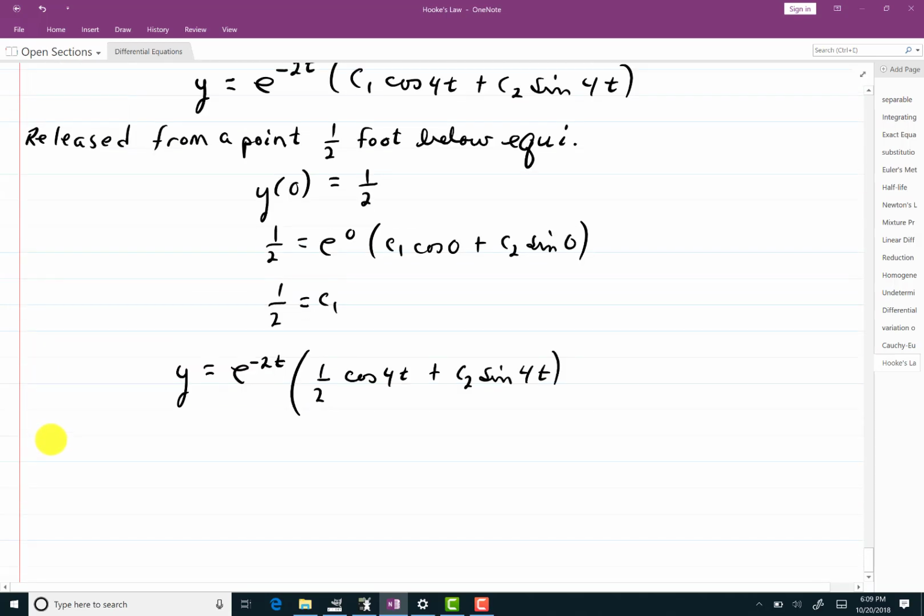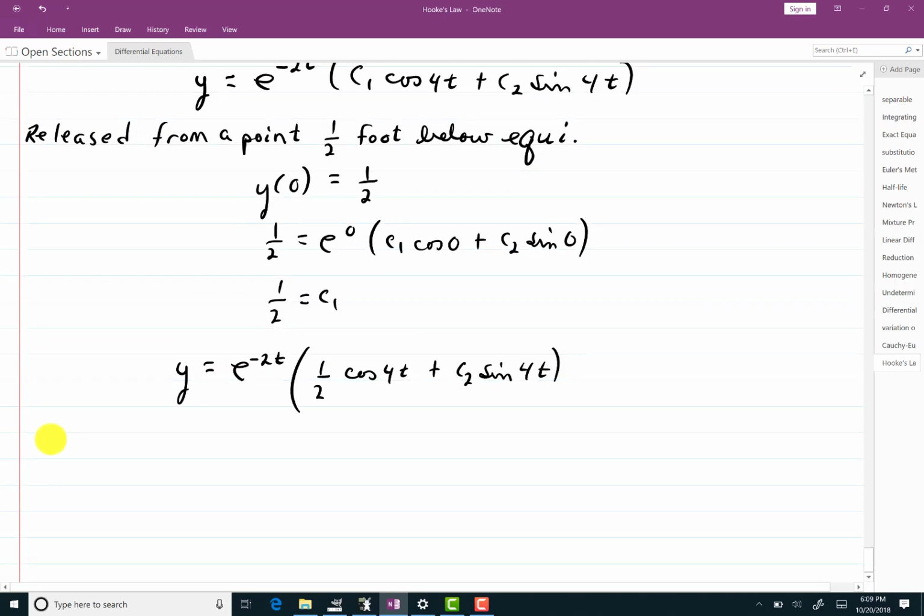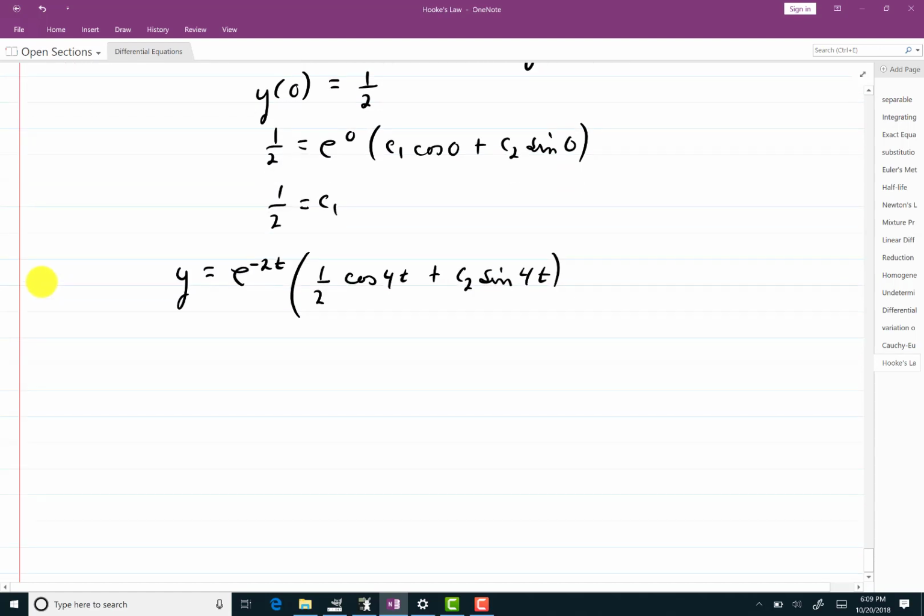Next, we are told that the initial velocity was downward 1 foot per second. So the initial velocity is 1 foot per second downward. And that's the positive direction. So we have y prime of 0 equals 1.